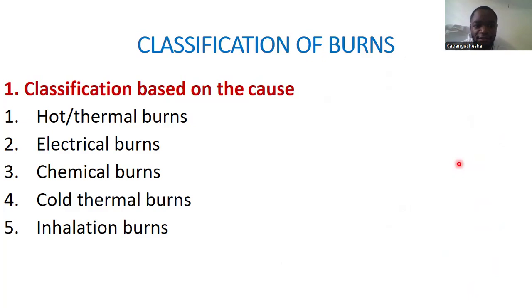Then cold thermal burns, mainly frostbite and the like, where individuals are exposed to extremely low temperatures that cause damage to the skin. Then we have inhalation burns, usually from smoke or burning buildings. Individuals who are trapped inhale smoke. That smoke comes with heat and damages internal organs, most importantly the lungs. Those are the types of burns depending on the source or cause of the injury.